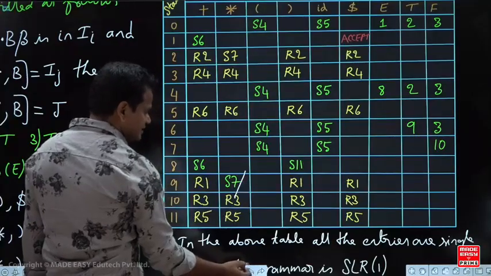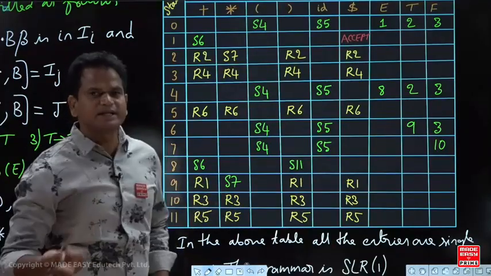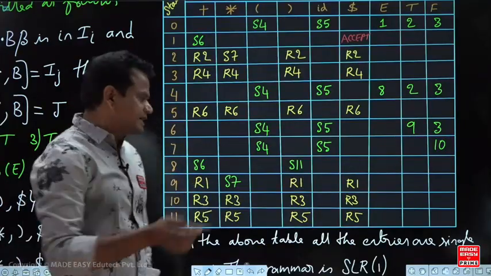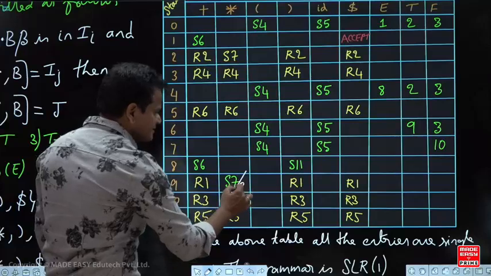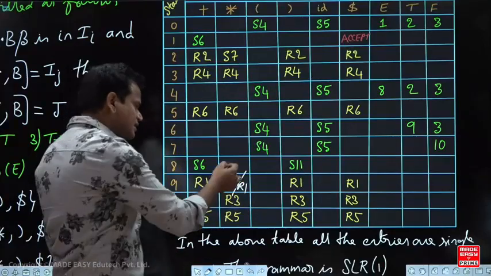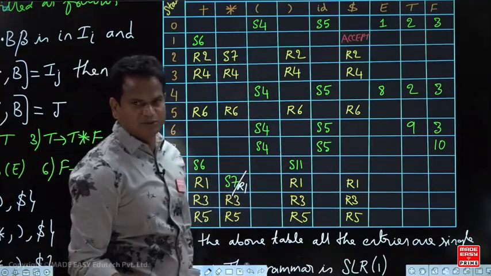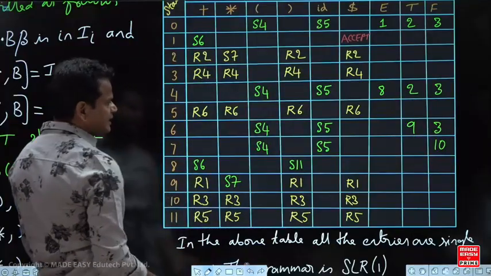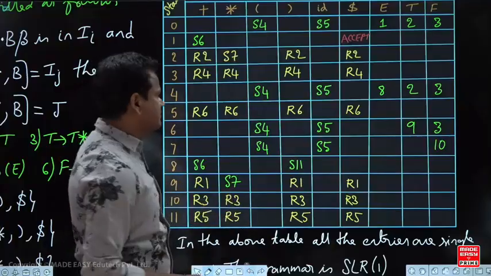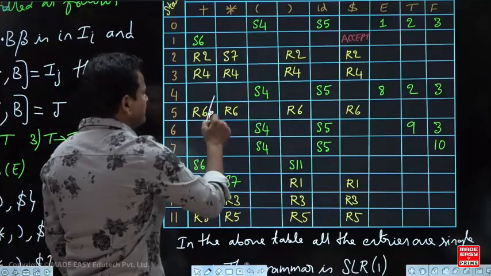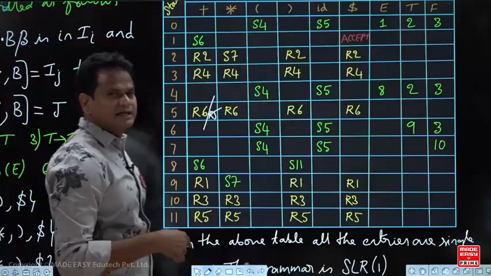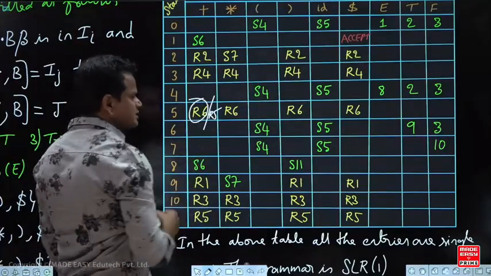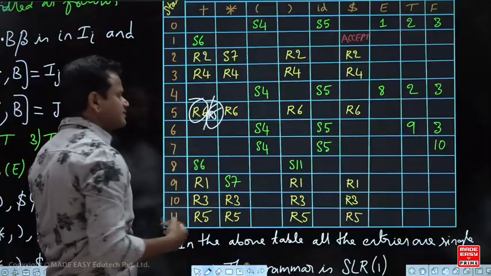So now we say it is not SLR(1). For this grammar you cannot use the SLR(1) technique. If you get multiple entries like this, what are the possible entries? You may have shift and also reduce, or sometimes reduce and reduce in the same state. So whenever 5 comma plus comes, the parser does the reduce operation with rule number 6 or with rule number 5.